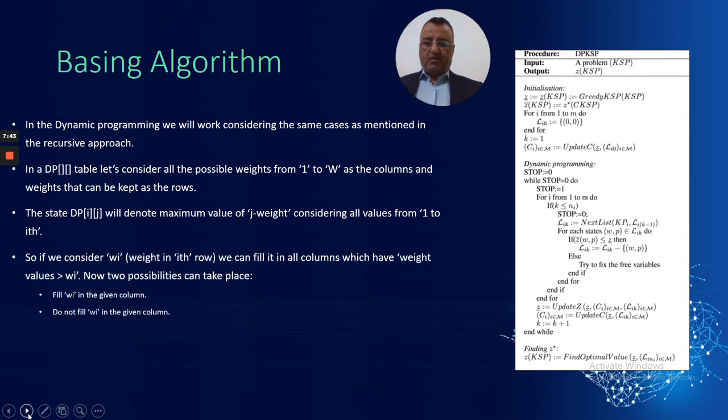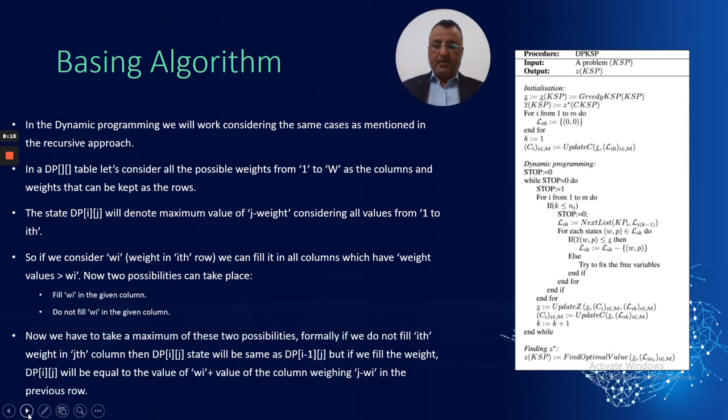So, if we consider weight wi in row i, we can fill it in all columns which have weight values of at least wi. Now, two possibilities can take place. Fill wi in the given column. Do not fill wi in the given column. Now we have to take the maximum of these two possibilities.